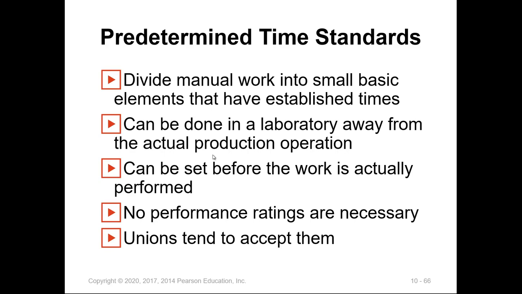Those times can be determined in a lab environment, or outside the job, away from the actual production operation, which can be set before the work is actually performed. In this approach, no performance ratings are necessary, and worker unions tend to accept those standards.